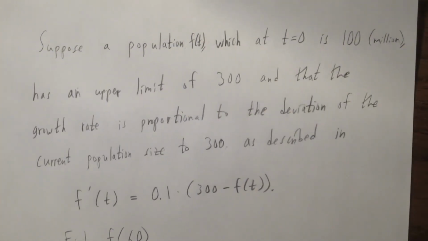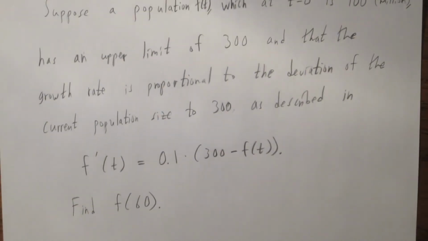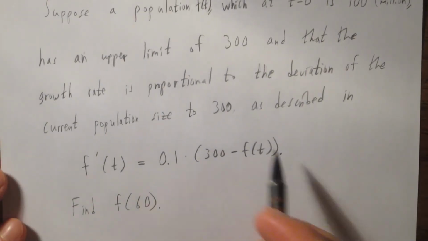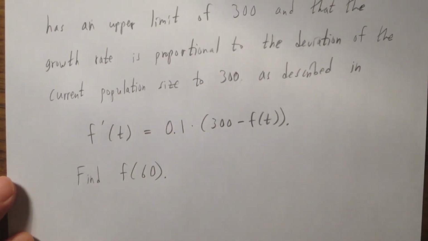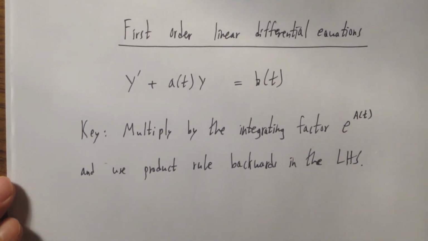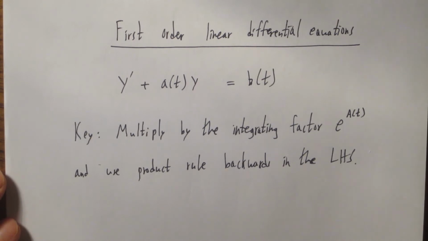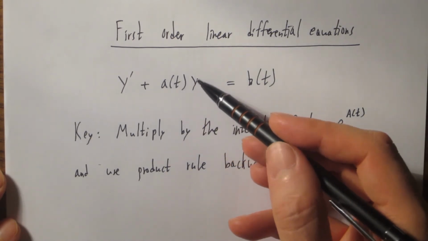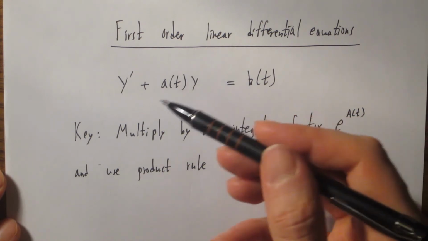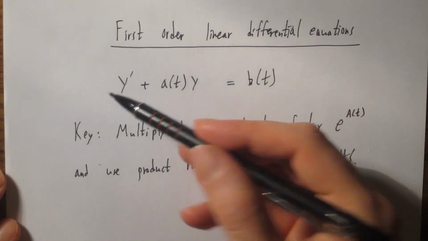Okay, so we have a differential equation, let's solve it. This is a first-order linear differential equation, but when we apply the recipe, in which the first step is to identify what little a is, you must have the y in the left-hand side and the y prime coefficient must be 1.